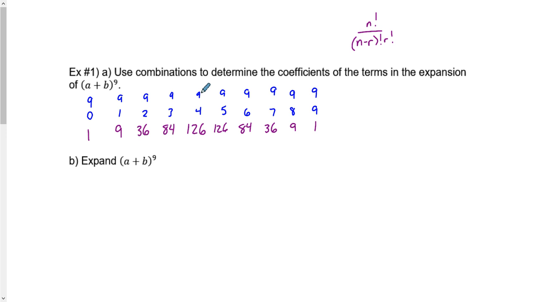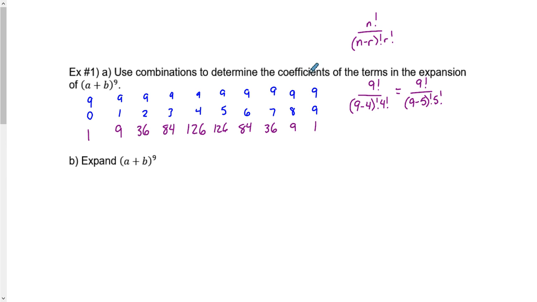As we look at 9C4, 9 factorial over 9 subtract 4 factorial, 4 factorial. 9C4 is the exact same as 9C5. So 9 subtract 5 factorial, 5 factorial.